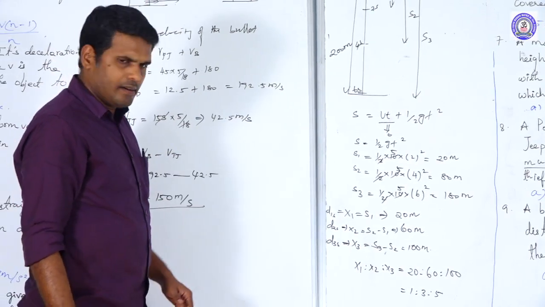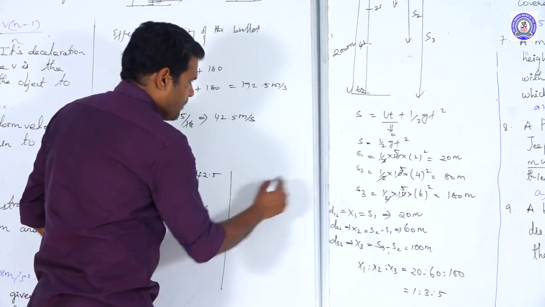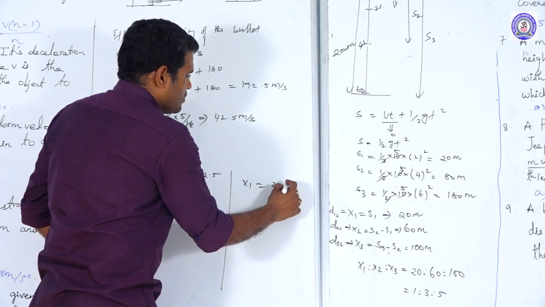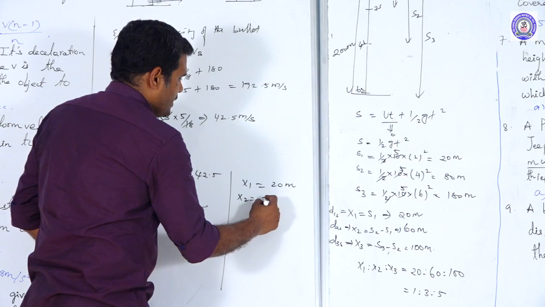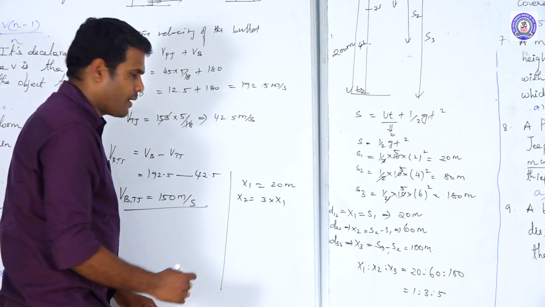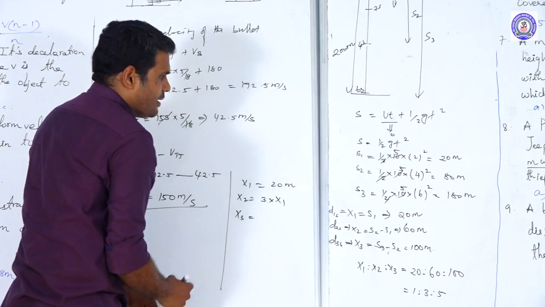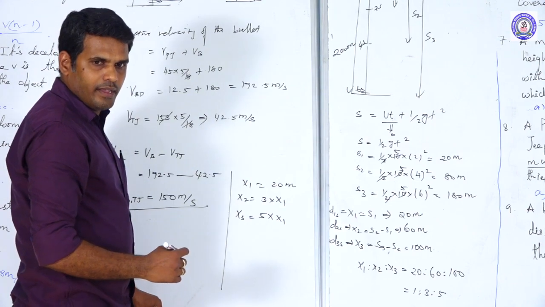That can easily be done, right? As we saw, x1 is equal to 20 meter. x2 is 60 meter, which is 3 times that of x1. x3 is 100 meter, which is 5 times that of x1.